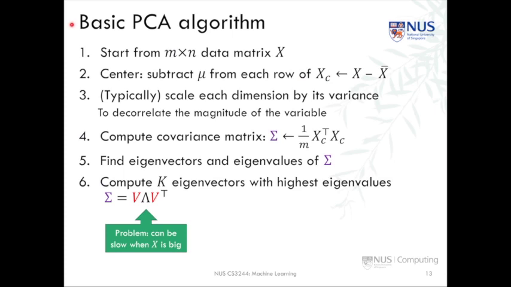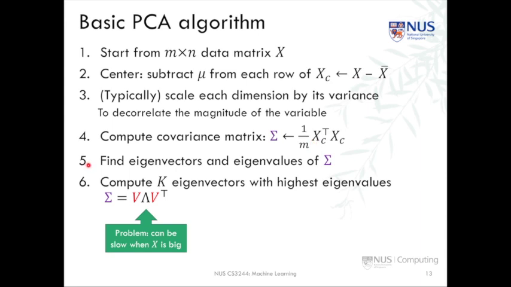This then leads us to the basic PCA algorithm, where we're going to start from our rectangular matrix, center and normalize the data set to ensure that we are capturing only the difference in variance of the different dimensions. We then compute the covariance matrix sigma by taking the average of the square of the centered data matrix.